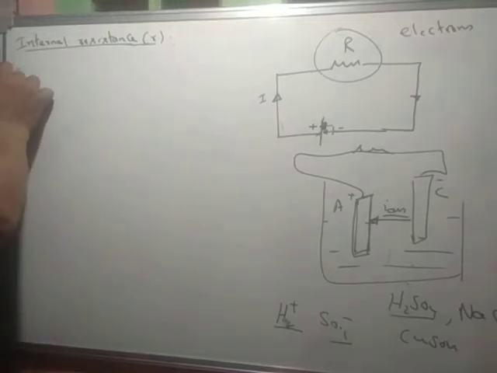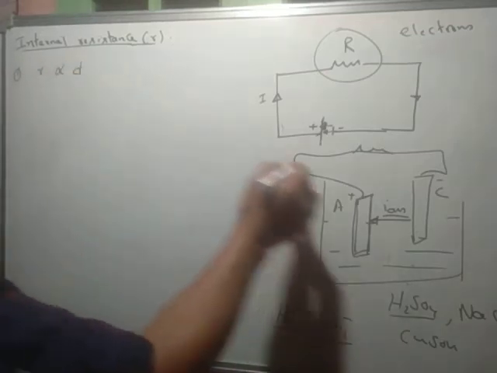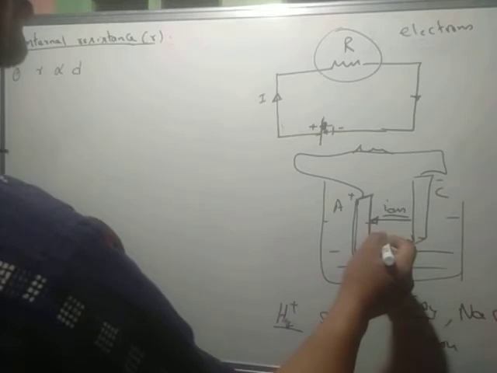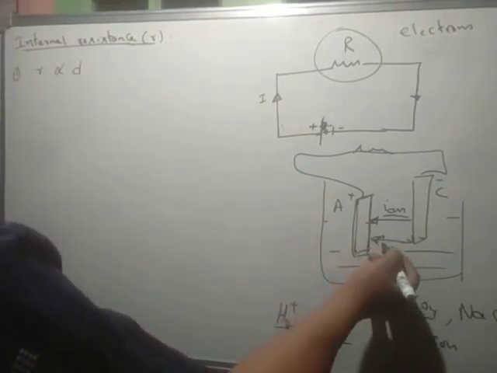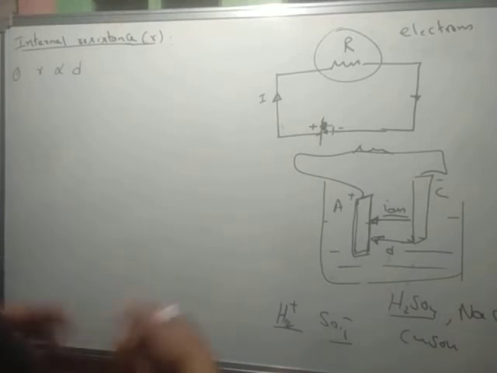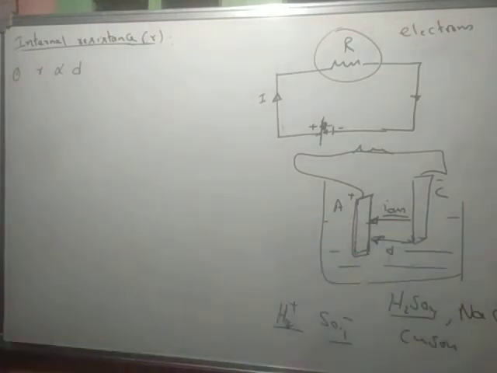The first factor is that the internal resistance of a cell is directly proportional to the distance between the two electrodes, that is small d. If the distance between the positive and the negative plate is increased, then the resistance also increases, and if the distance between them is decreased, the internal resistance also decreases.